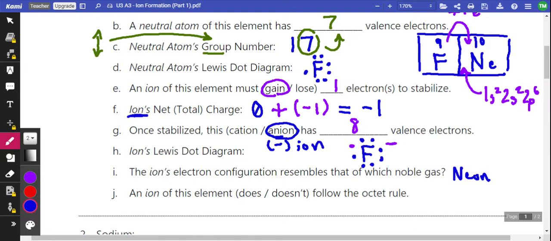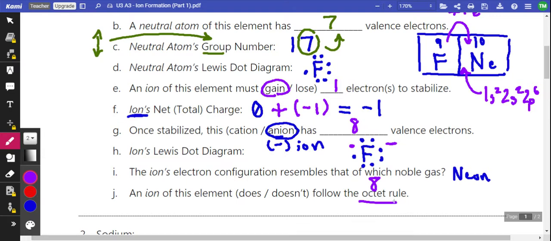Okay, so if we have 2 electrons from the s orbital and 6 electrons from p orbitals, whether we're in the 3rd energy level or the 4th or the 5th or the 6th or whatever, we're going to often see an element stabilizing by reaching 8 valence electrons.